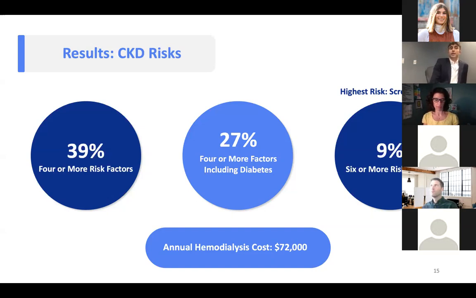And of that subset, 9% were actually at the highest risk for CKD with 6 or more factors. So CKD is a really good example to use for this, as it can cause severe health problems, and the annual cost of treating the final stages of CKD is on average $72,000 every single year, $72,000.